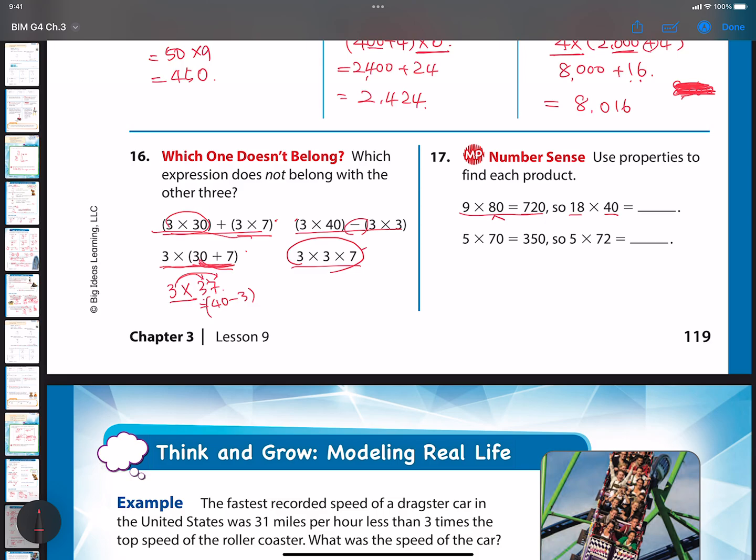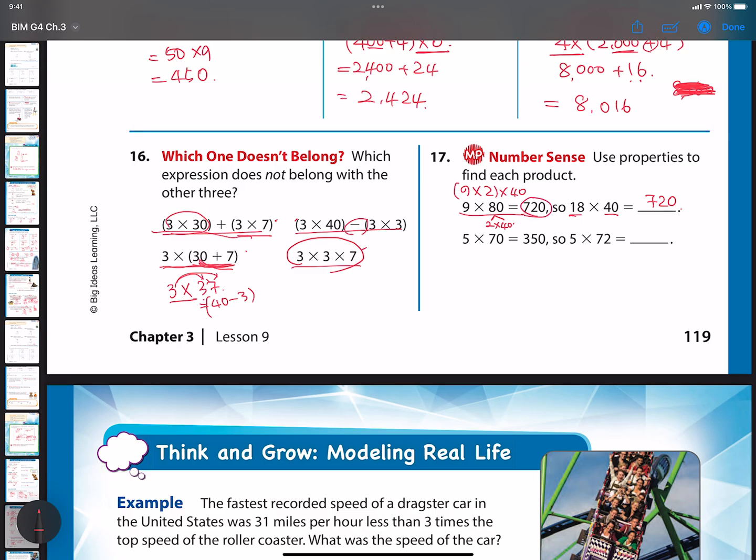We can break this down into what? 2 times 40. Make sense? And then, look at this. I'm going to rewrite 9 times 2 times 40. Okay, associative property. I'm going to do this first, which is what? 18 times 40. So 9 times 80 is equal to 18 times 40. So the answer will be, you don't have to do it, but we can find already from here.